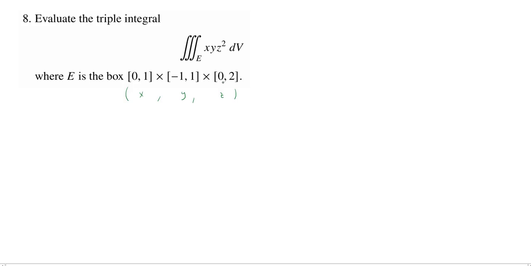So by Fubini's theorem, we can set up this triple integral as a triple iterated integral, and I can do it in any order I like, so I'm just going to take the ordering that we have here. So x goes from 0 to 1, y goes from -1 to 1, and z goes from 0 to 2.